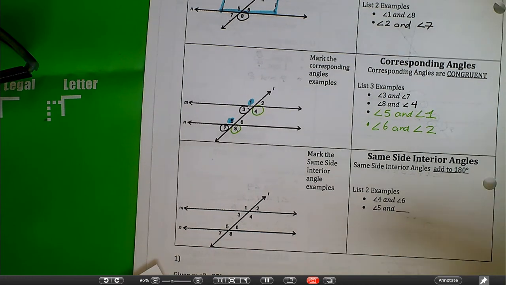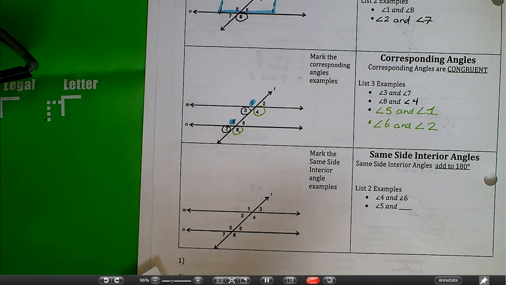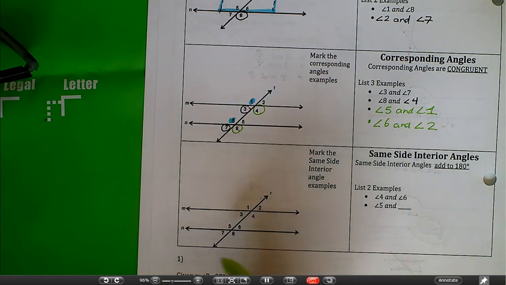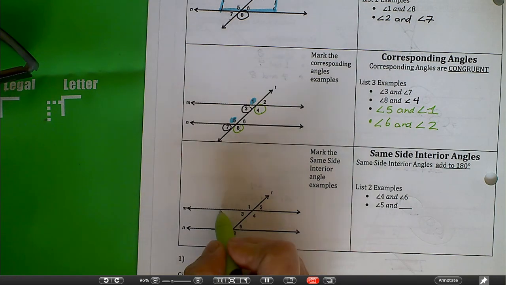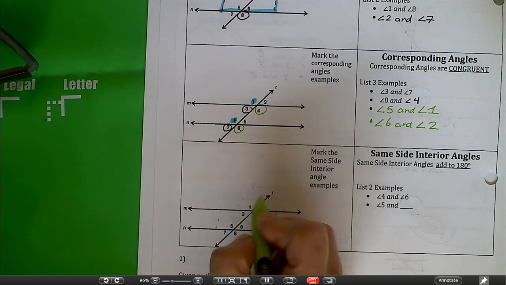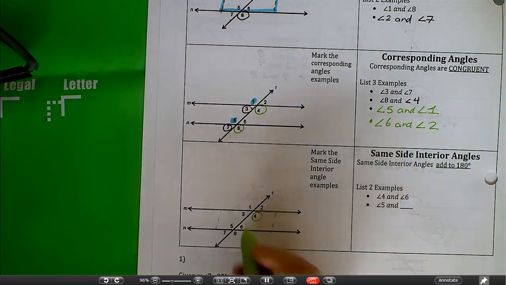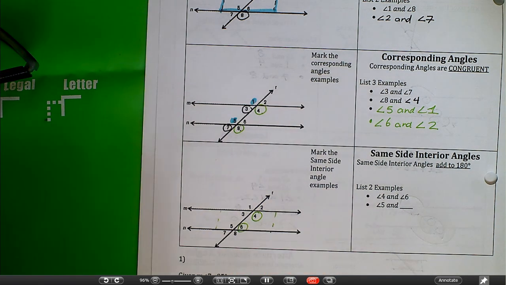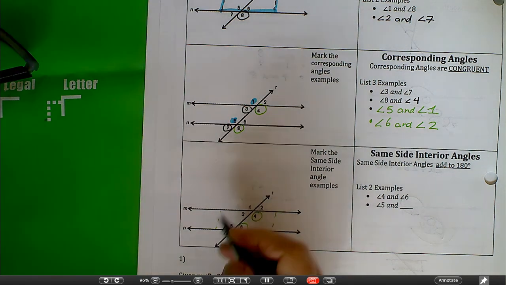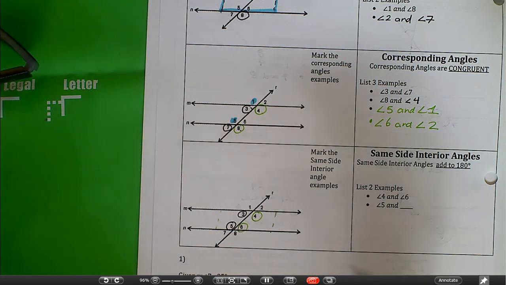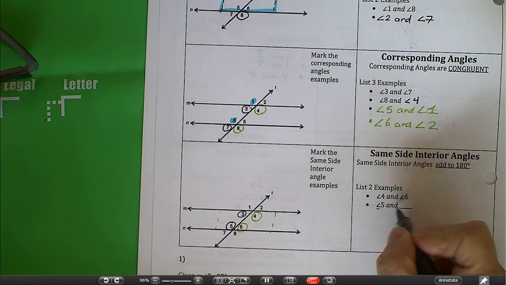Now we're going to do same side interior angles. So here we go, same side interior. Remember, we're interior to the box. And we have 4 and 6, and we also have 3 and 5, because we're inside the box, same side.